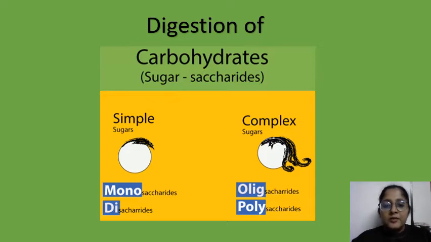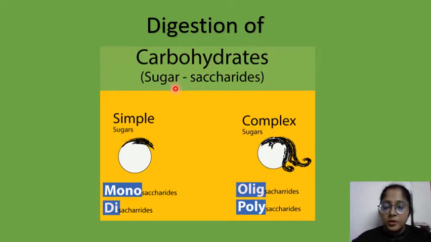Carbohydrate, as the name suggests, is divided into carbo and hydrates, which is the hydrates of carbon. It is also known as sugar and saccharides. There are two types of sugar that we often get from our diet. Number one is the simple sugars, consisting of the mono and disaccharides, and the complex sugars, consisting of the oligosaccharides and polysaccharides.